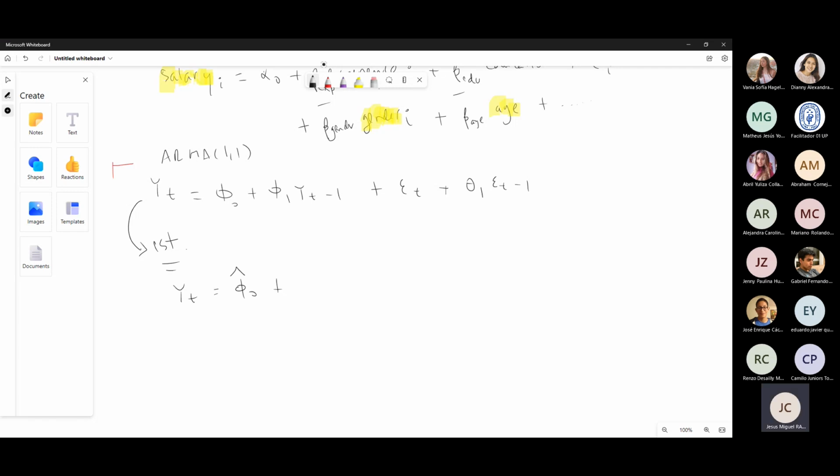Estimate this guy. Also this guy. Okay, now you have these guys. Just to make this model, this is not ARMA, this is AR1.